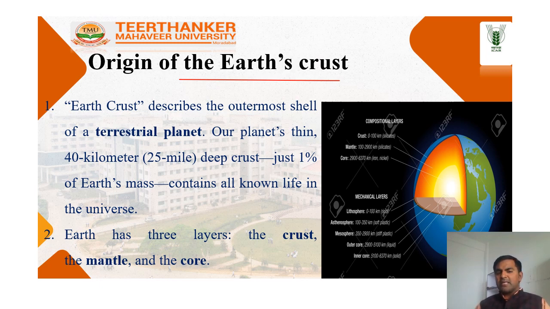And the earth is divided into three categories: crust, mantle, and core. Before describing all these three layers, you can see this picture of the earth structure. Here you can see the three layers: crust, mantle, and core.